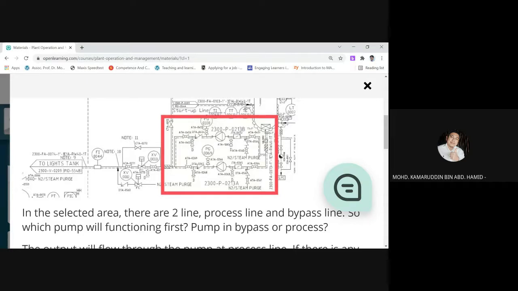So a lot of energy will be required at the lower efficiency pump, since most of that will be converted into heat. So kalau you nak jimat, if you want to have less energy requirement for your plant, make sure that you always check your pump efficiency.